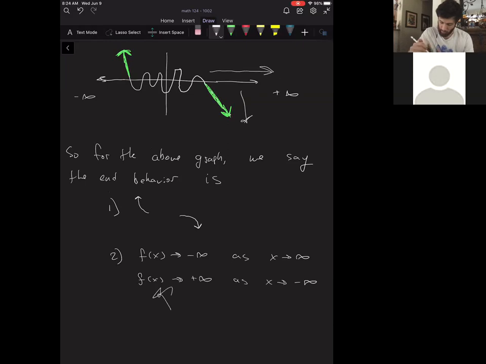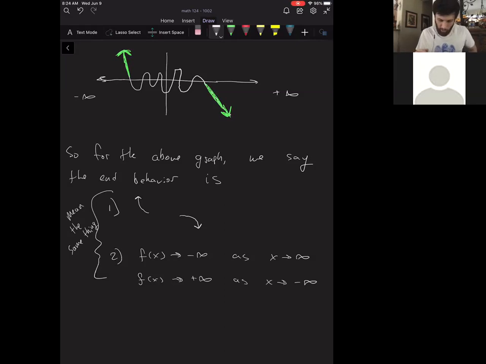In this other piece, f of x goes to positive infinity, it goes up, as x moves to minus infinity, so as we move to the left-hand side. Both of these ways mean the same thing.